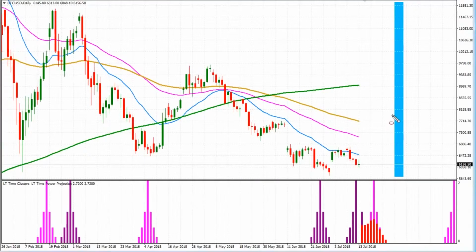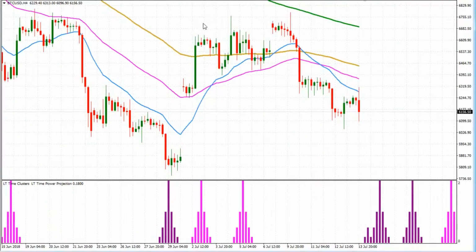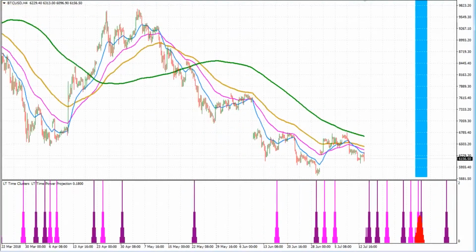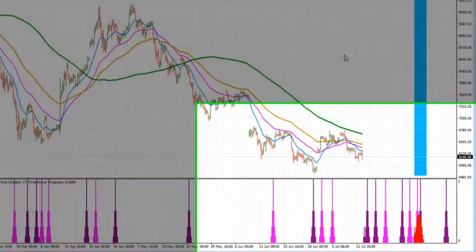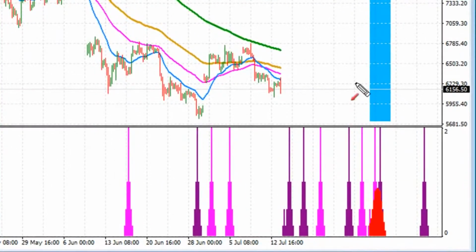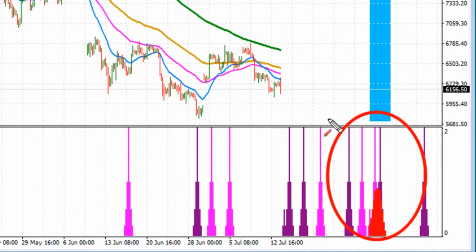Now you're probably wondering, what is this blue rectangular formation, this vertical blue area here? I'll explain that as well. If I go to a lower time frame, a 4-hour chart, I'll show you exactly what we're seeing here. On the right-hand side of my chart, you will see there's a deep clustering effect which produces a red power projection.